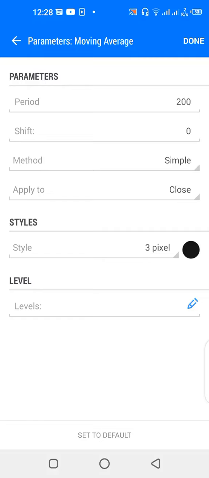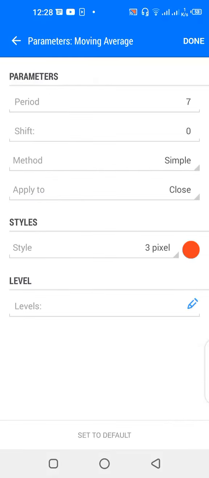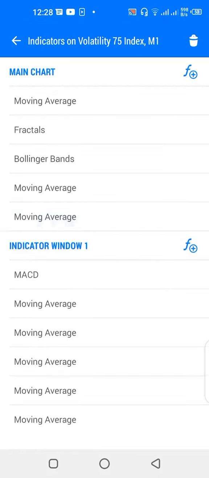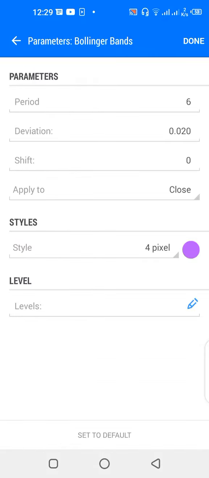Shift is 0. Method is simple. Apply to close, and the color is black. So I've got 3 moving averages: 50 is blue, 7 is red, and 200 is black. Of course, I also have Bollinger Bands, and the period for the Bollinger Bands is 6.